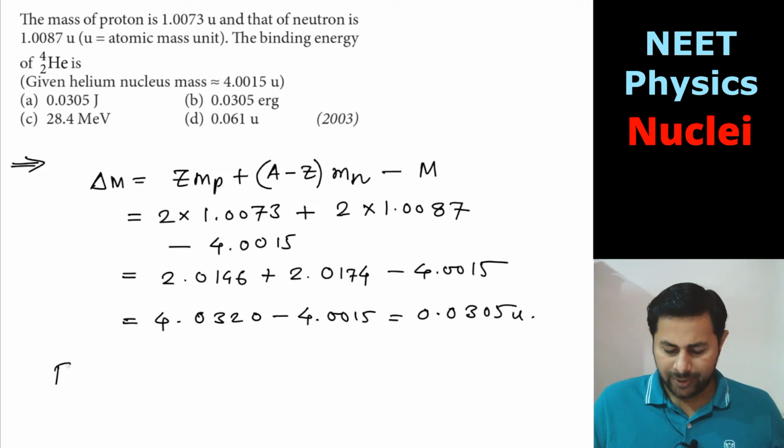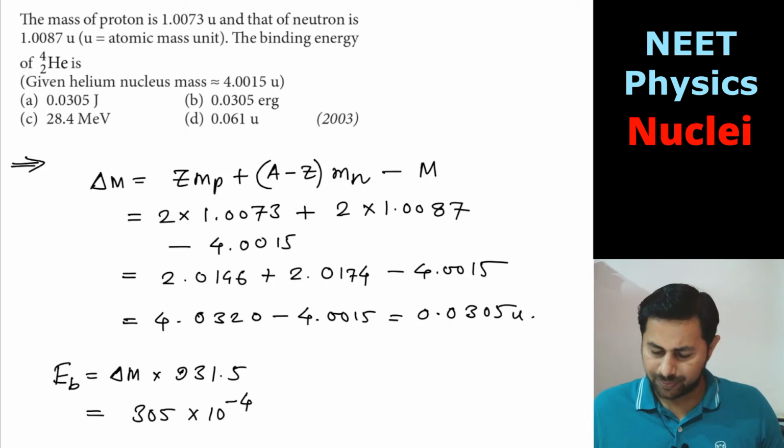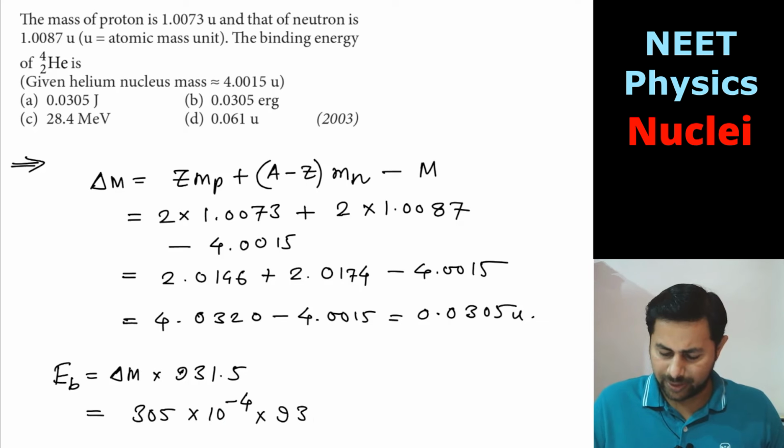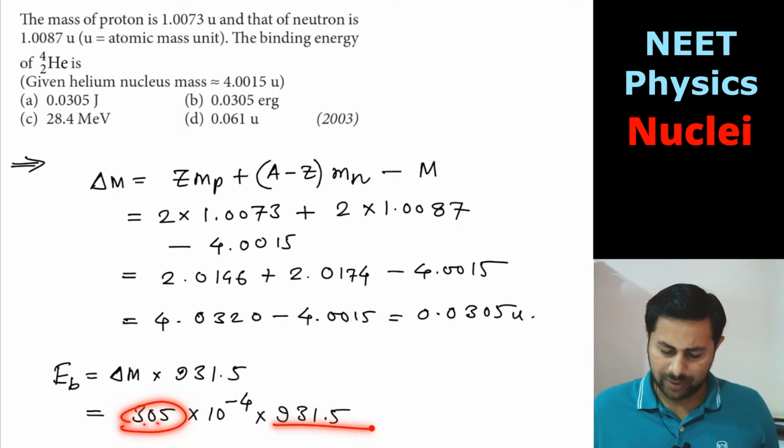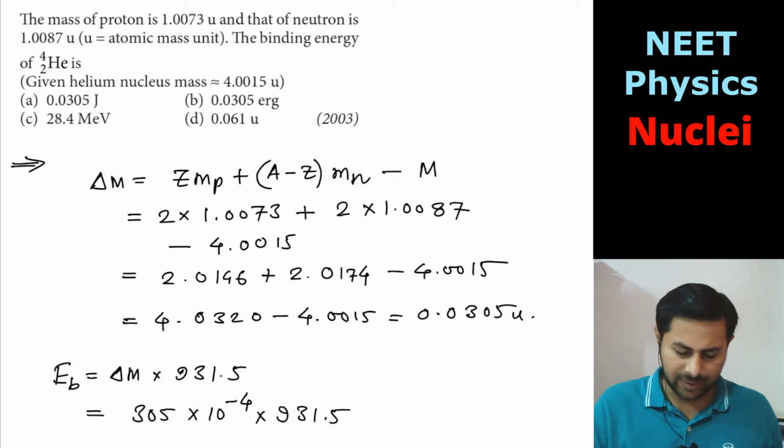Right, what would be binding energy? So EB is just equal to delta M in atomic mass unit multiplied by 931.5 mega electron volts. So 0.0305, it's 305 multiplied by 10 raised to minus 4, times you have 931.5.